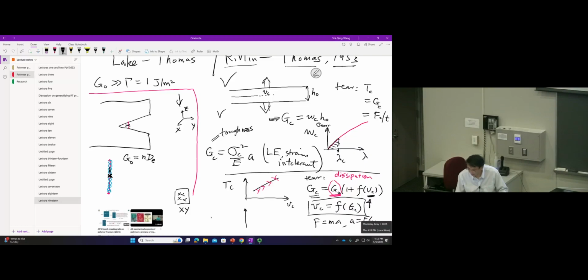Because your network is nothing but a bunch of such strands, each strand is between the crosslinks, and each strand will have a size, let's call it Lx. So that's the strand, assuming all the strands are of the same length.